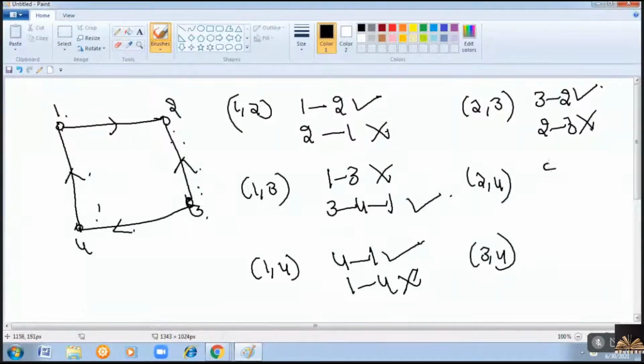No, 2 to 4 is not possible. Can I reach 2 from 4? Yes, 4 to 1, 1 to 2. Then 3 and 4: I can reach 4 from 3. Can I reach 3 from 4? From 4, you cannot reach 3.